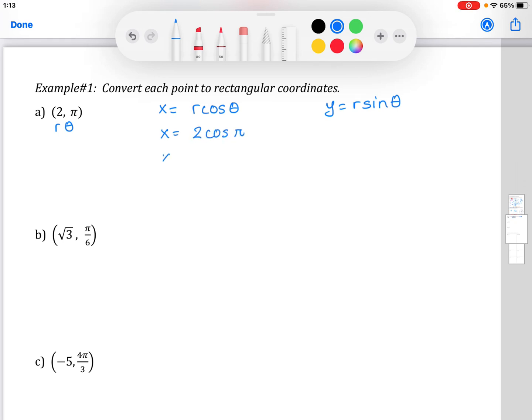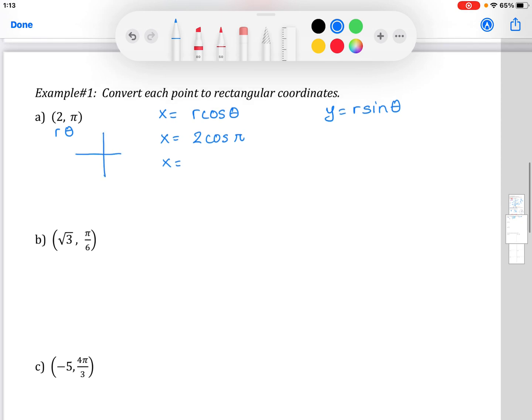x equals 2 cosine pi. So pi is 180. Cosine of, again, sketch it real quick. Cosine of 180 is what? Cosine is the x coordinate, it's -1. 2 times -1, so x is -2. y equals 2 sine 180, or pi.